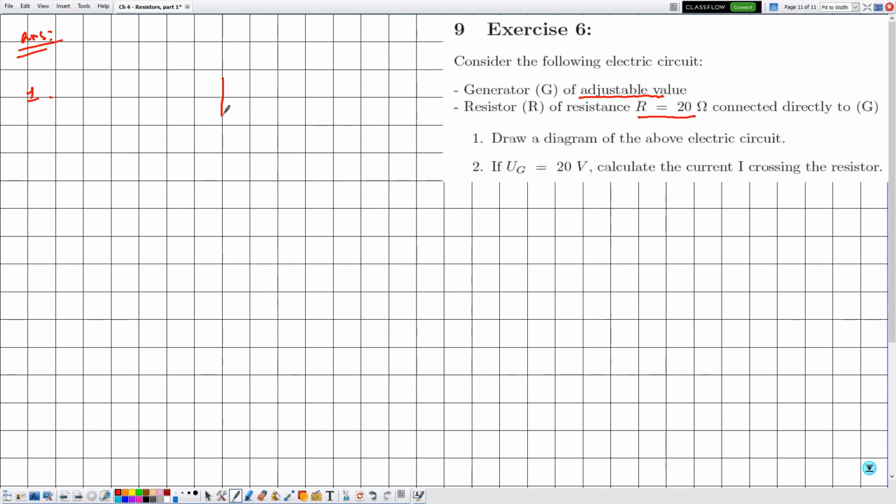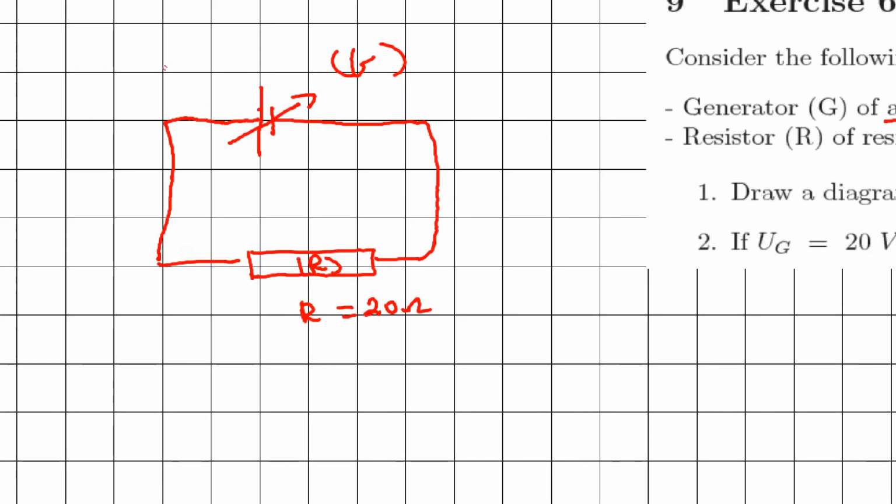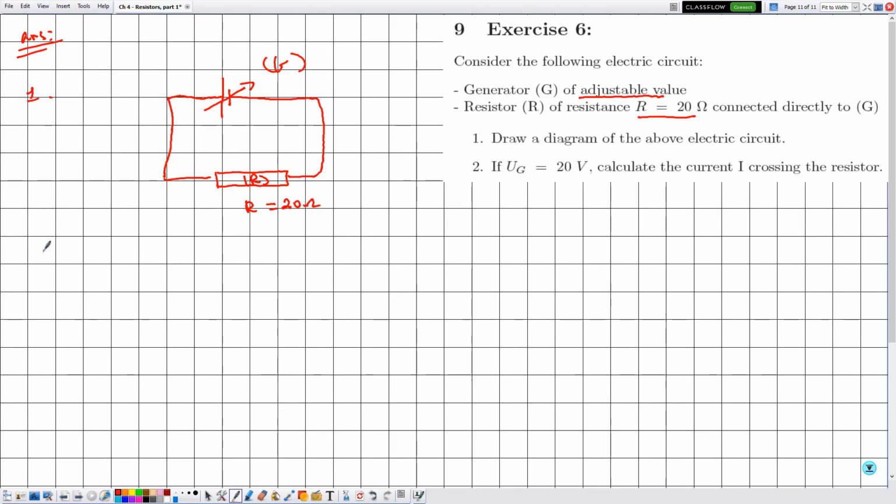This is the generator, which is the battery, connected directly to a resistor of name R. So the value of this resistance is given by 20 ohm. Notice that the generator G, they told me that it is of adjustable value, and this is the symbol of the generator of adjustable value. We simply place an arrow from the positive pole to the negative pole. Now this is the diagram.